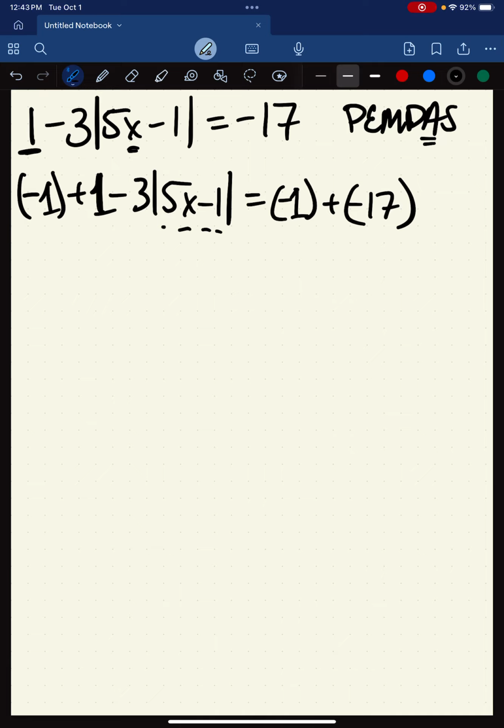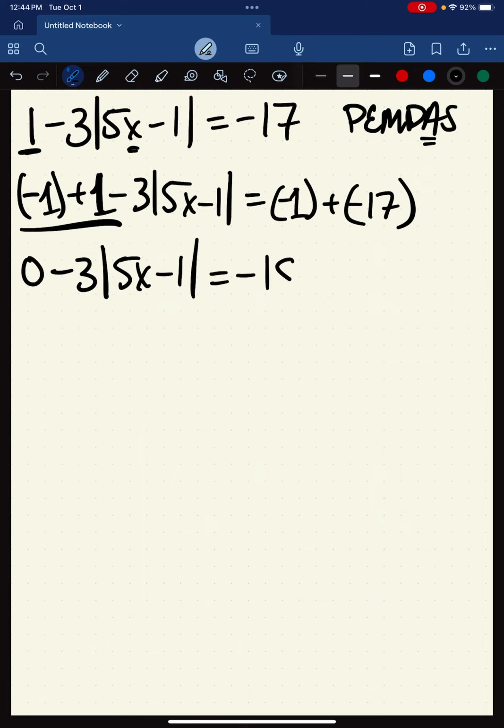And these are the absolute values here. So 1 plus negative 1, identity, which is 0. So we're left with negative 3. I'll put the 0 there. 0 minus 3 times the absolute value of 5x minus 1. Negative 1 and negative 17 is negative 18.